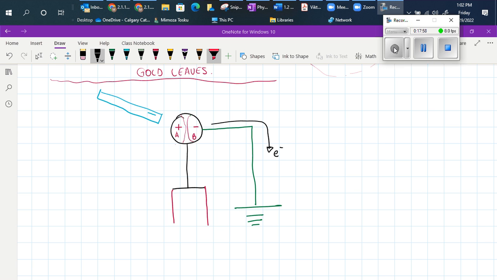But then what is happening is we cut the grounding and we move away the rod. At the moment we do that, we cut the grounding, so we cut the opportunity for the electroscope to become neutral. This is what grounding is.